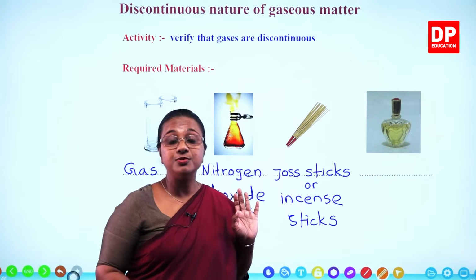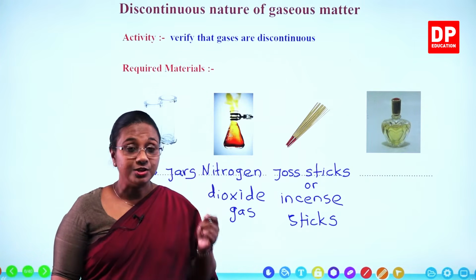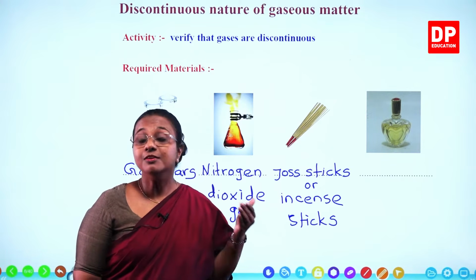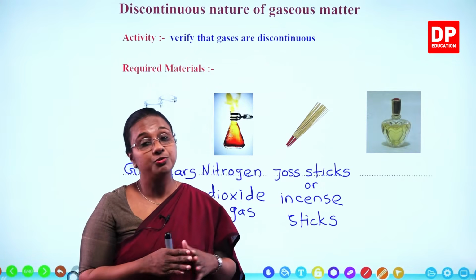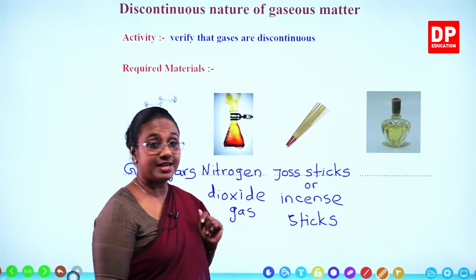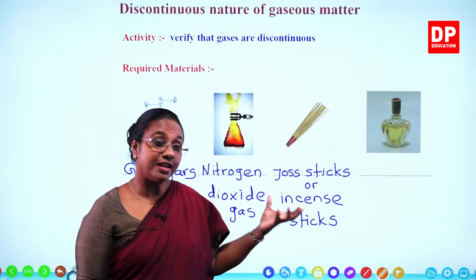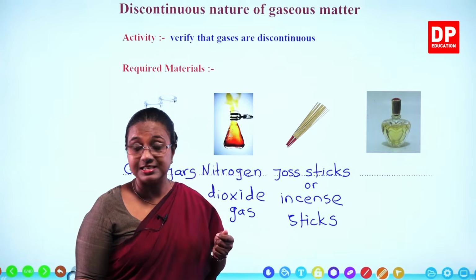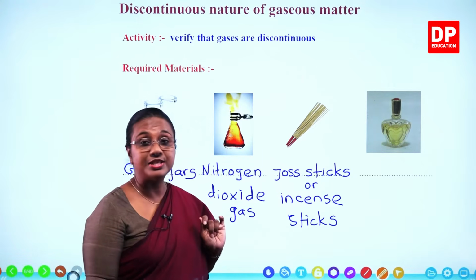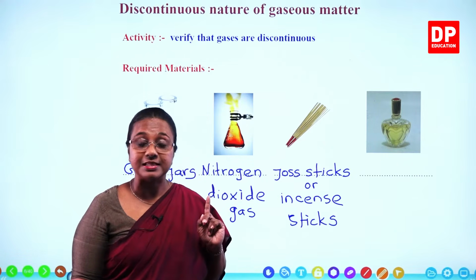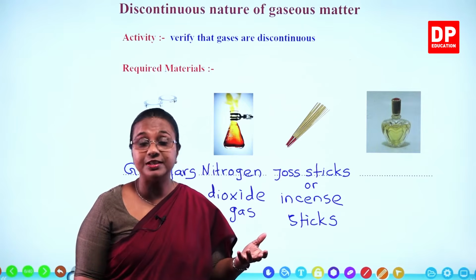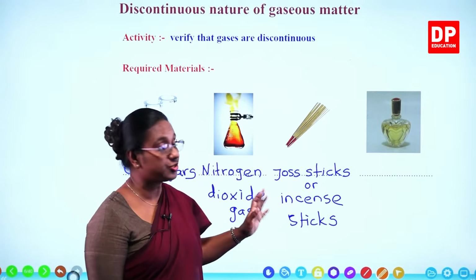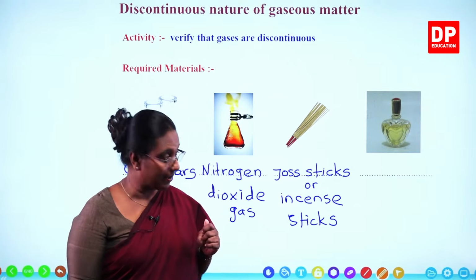You all know why we use these joss sticks. When you light them, you will get the fragrance spreading throughout the room or the area where they are kept. And you all know they are available in different fragrances as well. So we will use that as the second part of the activity where we light the joss stick and we observe what happens.